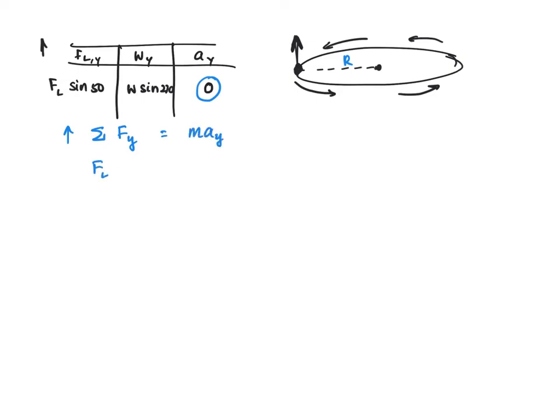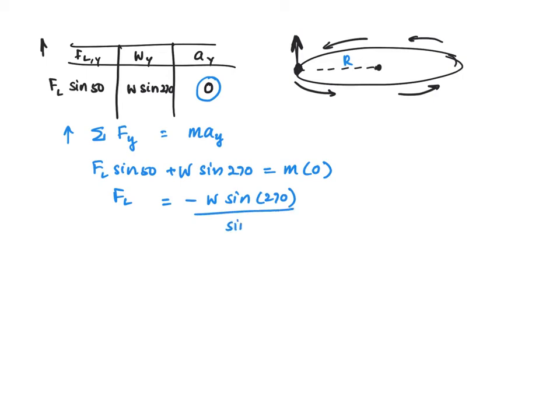We got FL sine 50 equals mass times, sorry, I got to add the weight component. Alright, and then plus W sine 270 or sine 90 in this case. You can say it's mass times acceleration. So if I just take FL to one side, you will get negative W sine 270, and that divided by sine 50.